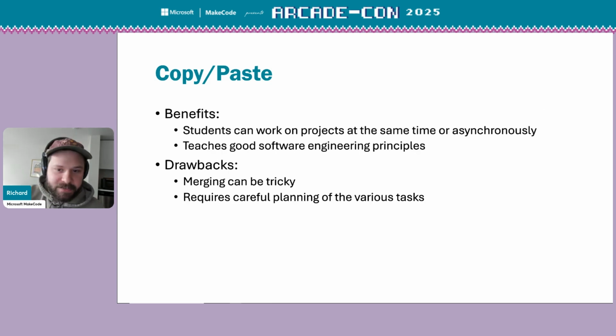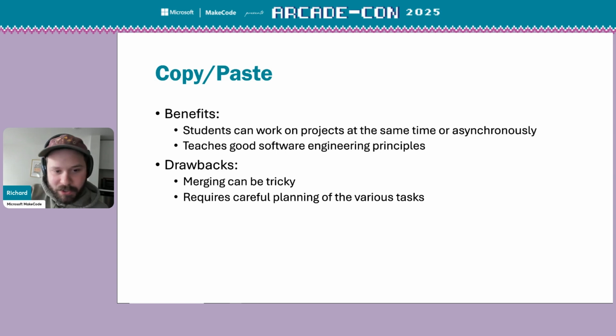So, benefits of this approach. Students can work on projects at the same time or asynchronously. That's great. It teaches good software engineering principles because you have to decide how you're going to separate these features so that they're self-contained. The drawback is that merging, while much easier than merging with the sharing link method, can still be a little tricky.